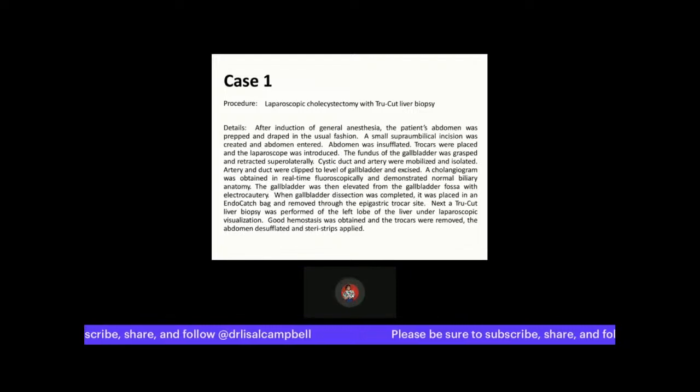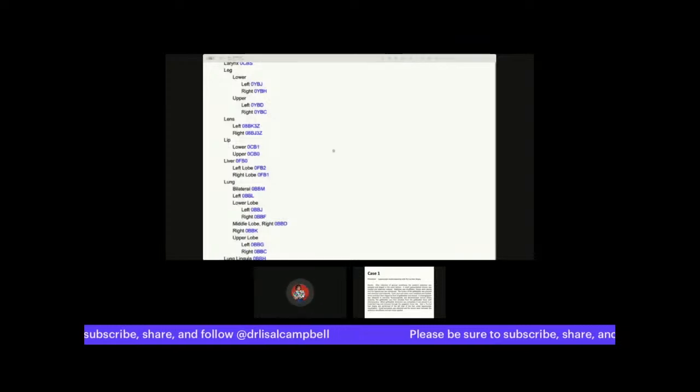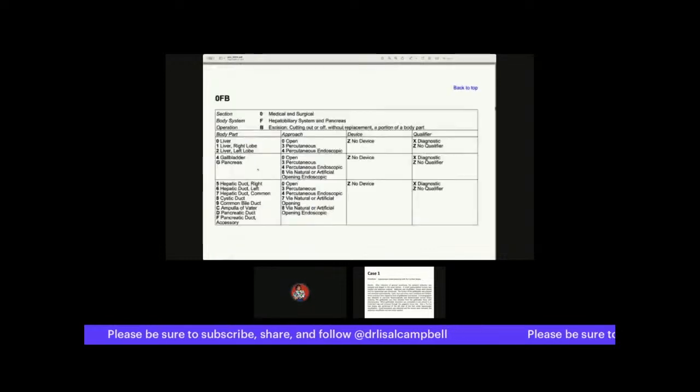Next, a true cut liver biopsy was performed of the left lobe of the liver. So I'm back over to my code book and it was the left lobe. So I'm going to click on table 0FB, which then brings me over there.